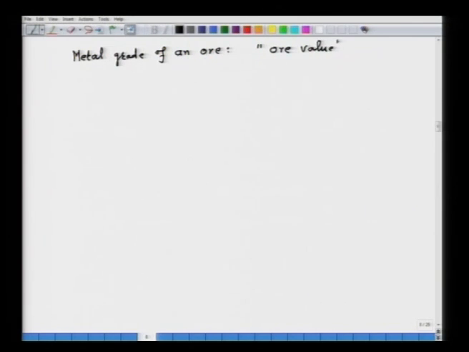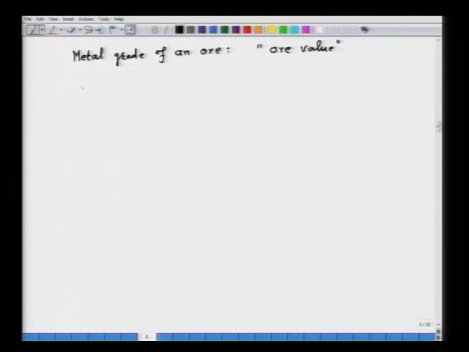As I said, if the metal grade is high, then the gangue mineral is low, and accordingly less effort has to be made for removal of the gangue. So metal grade is a very important issue. Now, how to define metal grade? Metal grade is equal to amount of metal upon amount of ore, if I want to define metal grade in an ore.